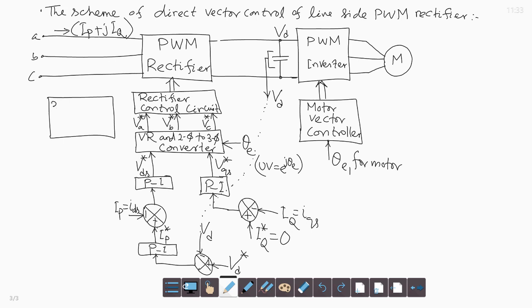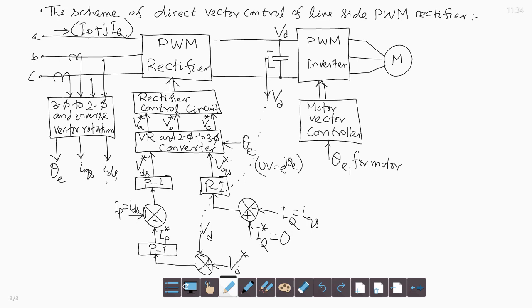This is 3 phase to 2 phase and inverse vector rotation. So, it takes the 3 phase currents feedback and voltages feedback, and from that it estimates the angle theta E, that is used for the vector orientation, and also IQS and IDS.